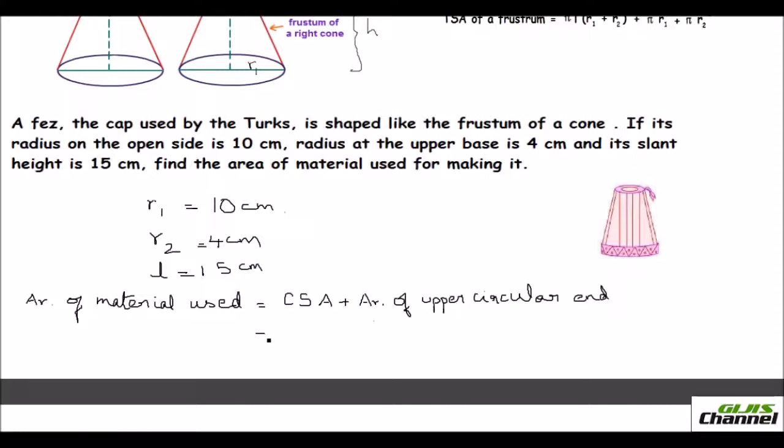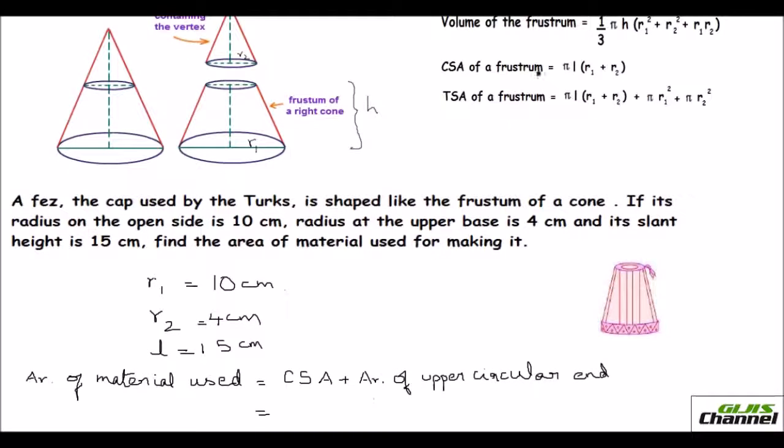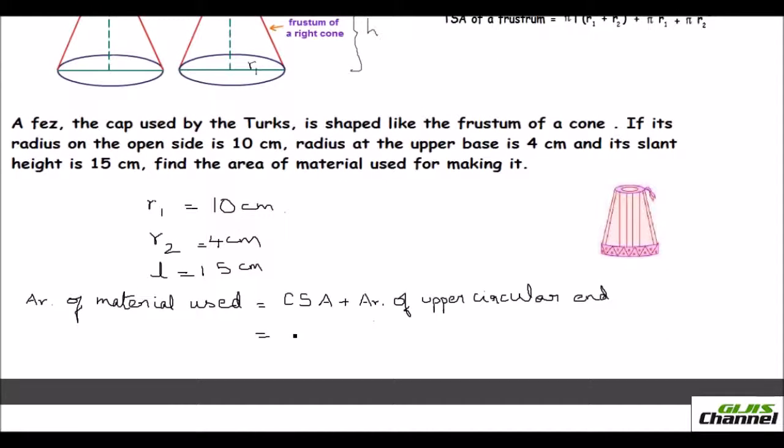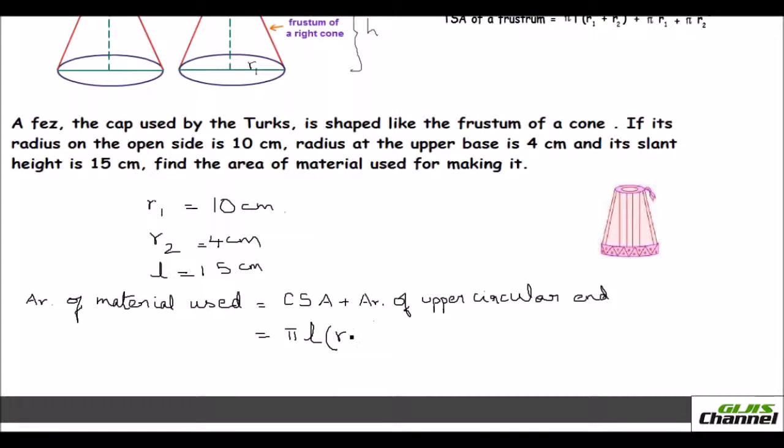The CSA, you know the formula already, is pi L times r1 plus r2. Plus the upper circular end, which is nothing but a circle, so we use the formula pi r2 square.